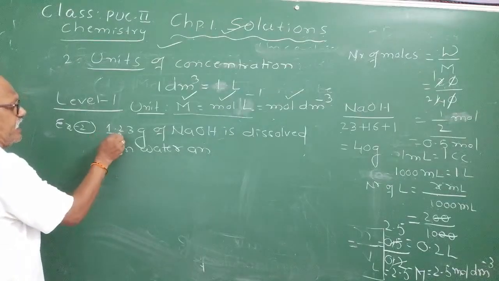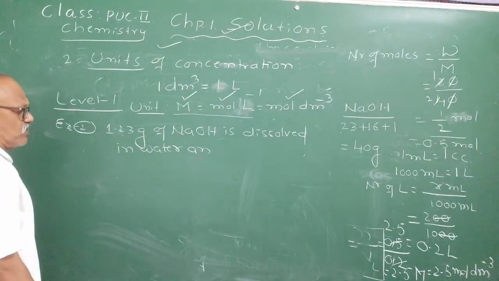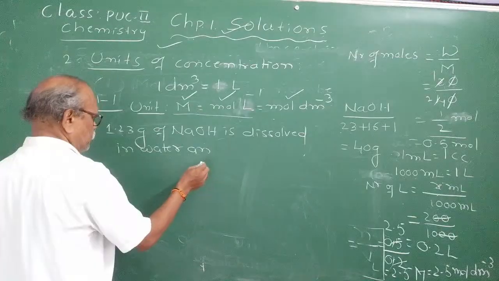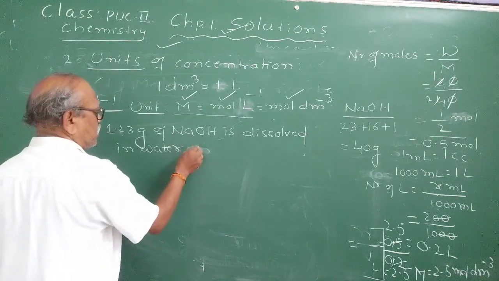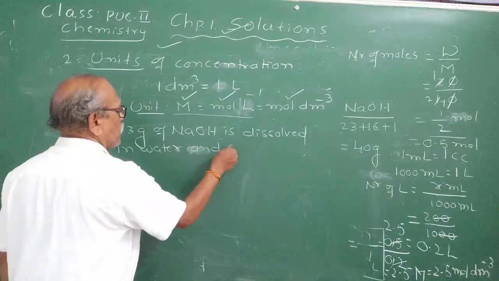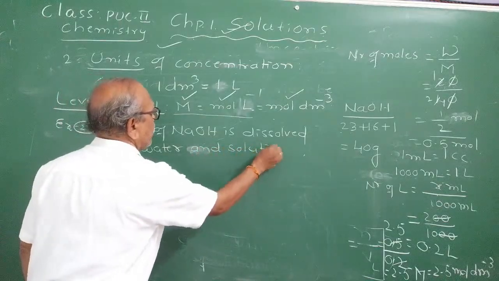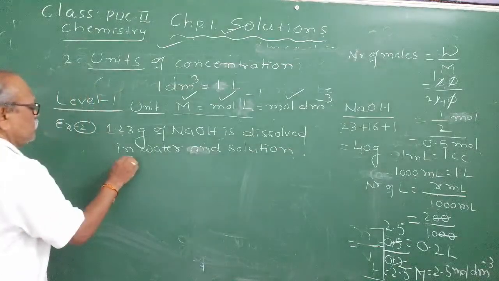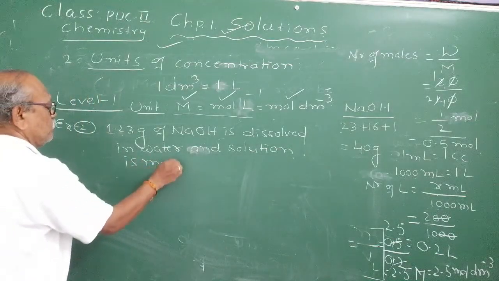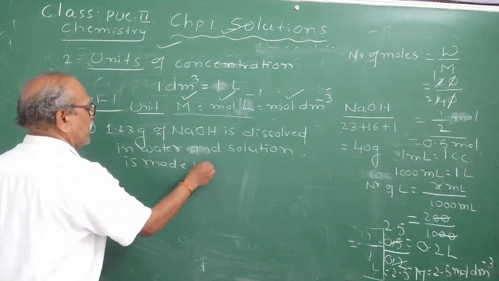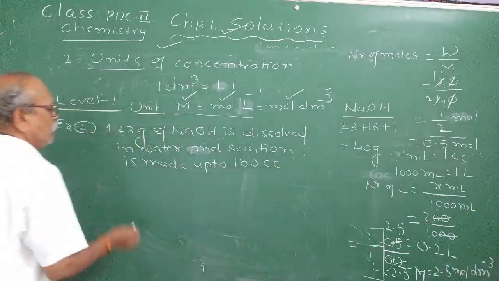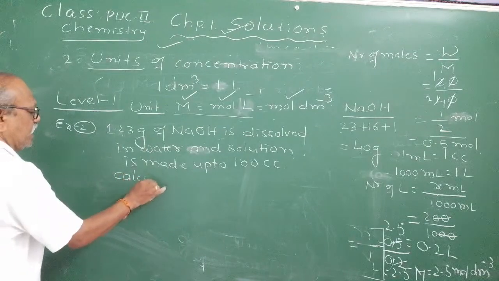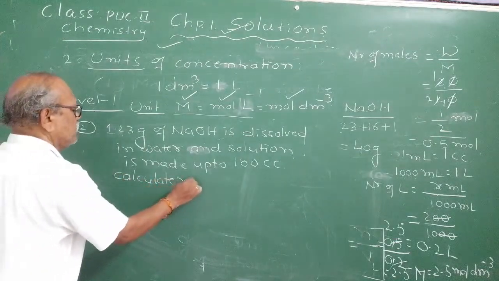This is the important area. 1.23 gram of sodium hydroxide is dissolved in water, and the solution is made up to 100 cc. Calculate the molarity of the solution.